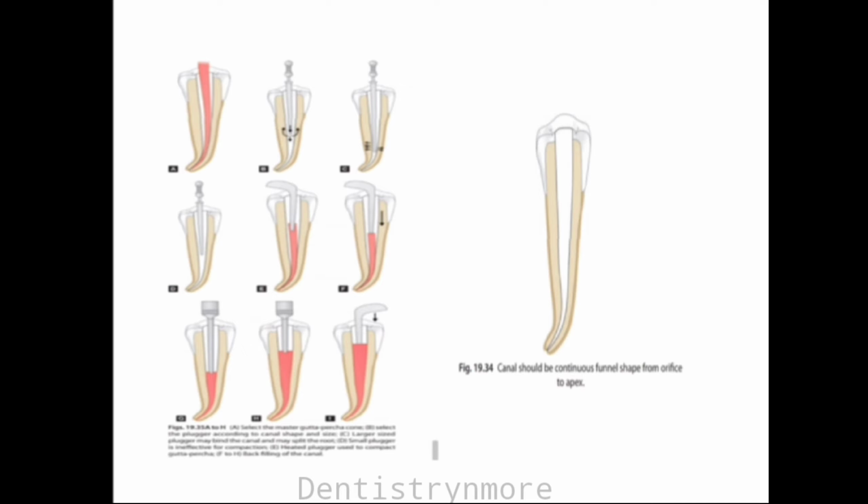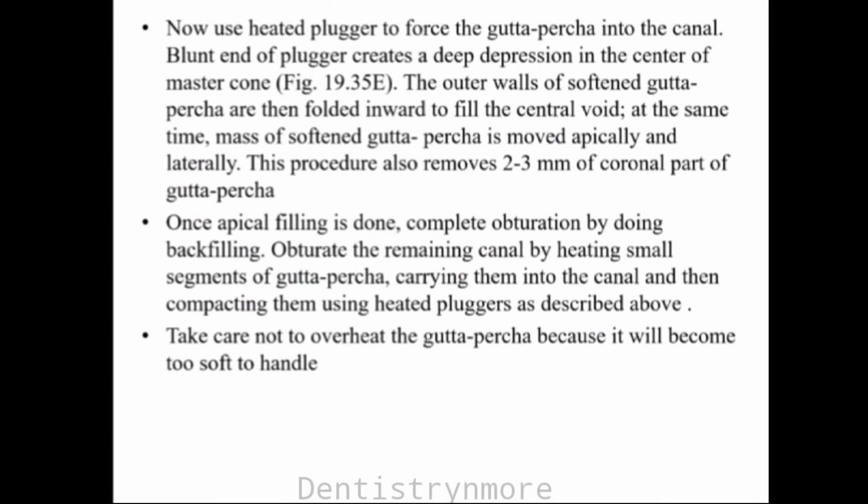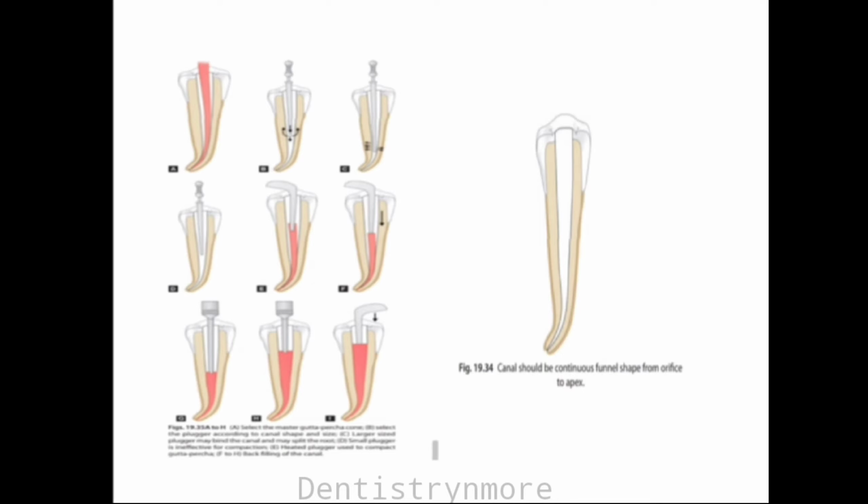Sorry, this was the figure of the warm compaction technique. In the figure, the first shows the selection of the master gutta-percha cone, and the second shows selecting the plugger according to the canal shape and size.